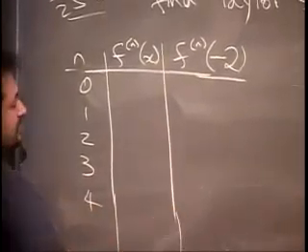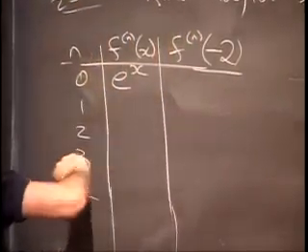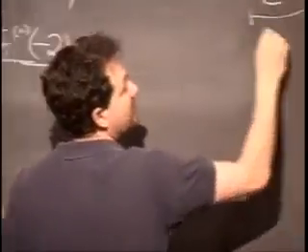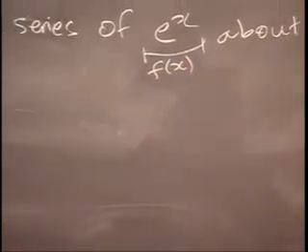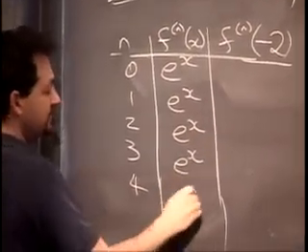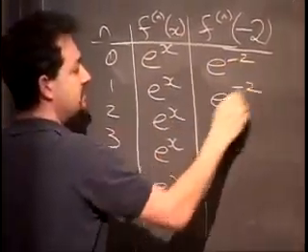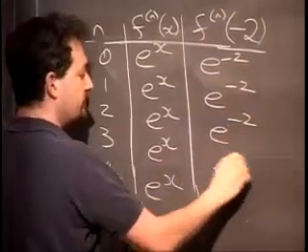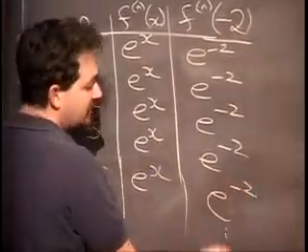But in any case, here we have copy down the function e to the x. We're going to call this f of x once again. And so the derivatives are just e to the x. So this isn't particularly exciting. You plug in minus 2 to get e to the minus 2, e to the minus 2, of course, and so on.